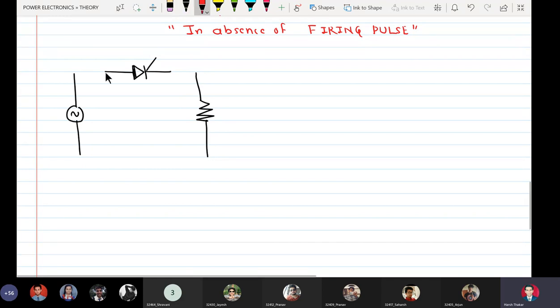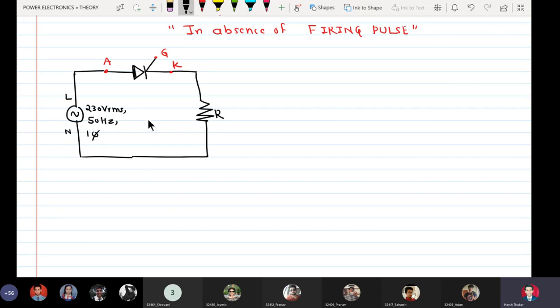This is my anode, this is my cathode, and this is my gate terminal. Now I am applying the line and neutral. Applying the line to anode, I am applying the upper terminal of the load to cathode, and the second terminal of the load is connected to the neutral terminal of the supply. This is RL, right? So now this is a 230 volt RMS, 50 hertz single phase supply.